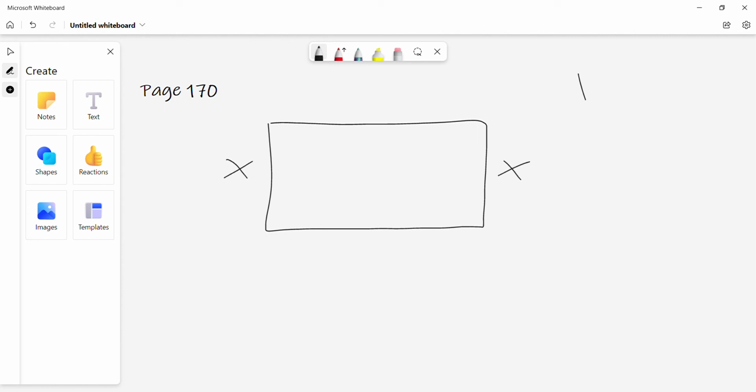Its length is 6 yards more than, so 6 more means it's a positive 6, more than 1/3 of the width. 1/3 times, because times means of, the width. Where's the width? Oh, here it is. 1/3 of this.